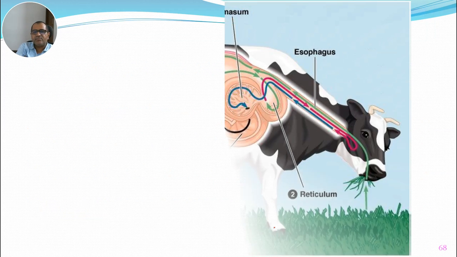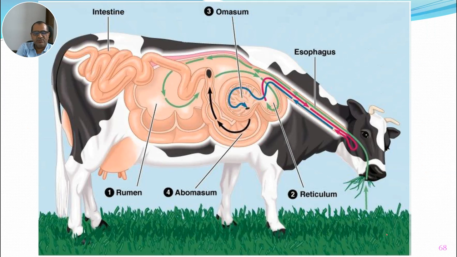Then here is the digestive system as we have already known. Rumen, reticulum, abomasum is there. These are all the systems which are very much required. Then the food is engulfed inside the rumen. Then it goes to the lower side of the rumen.